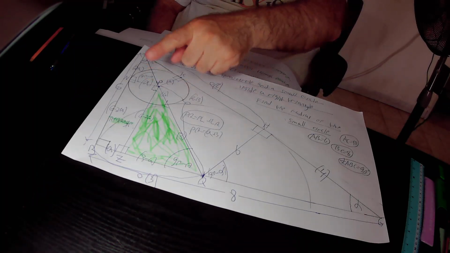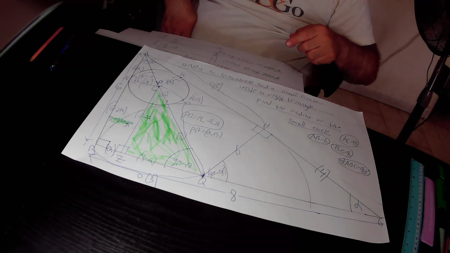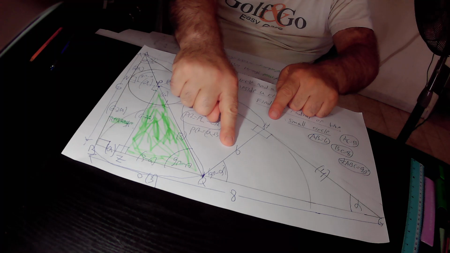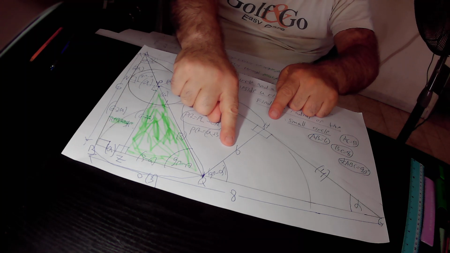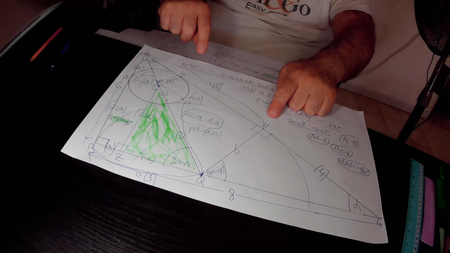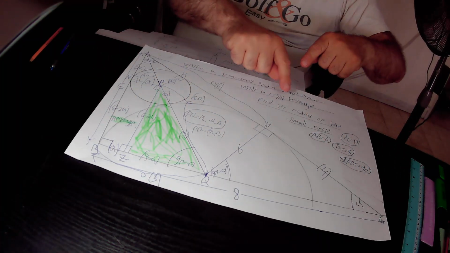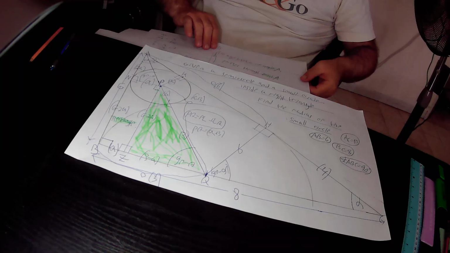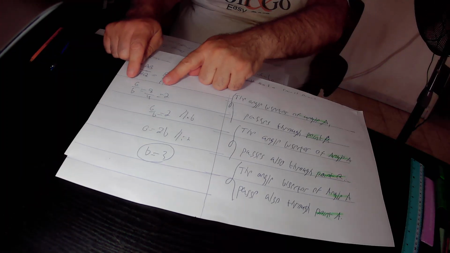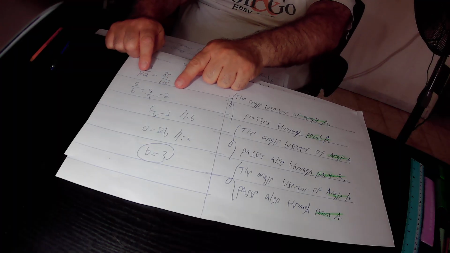AB is 6, HQ is B, this is the radius of the big semicircle, equal to B, BC is 8, and HC is 4. So in total, we can find out that 6 over B equals 8 over 4. 8 over 4 is 2.